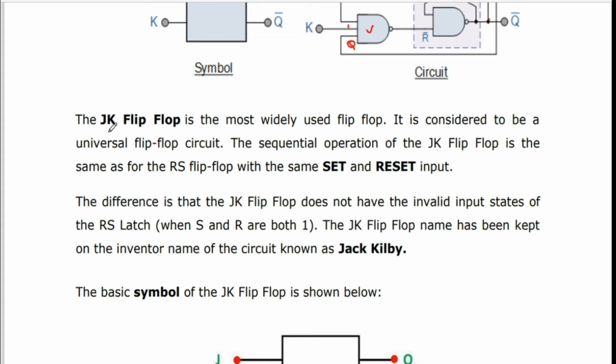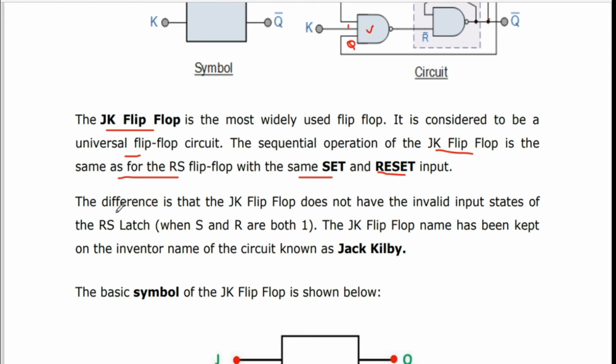So JK flip-flop, students, is the most widely used flip-flop. It is considered to be a universal flip-flop circuit. The sequential operation of JK flip-flop is the same as that of your SR flip-flop, with the same set and reset.